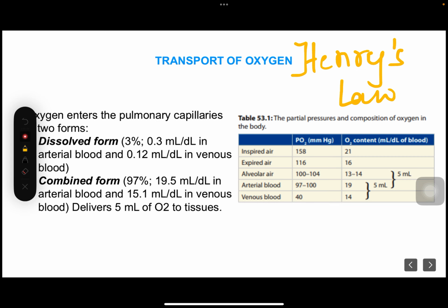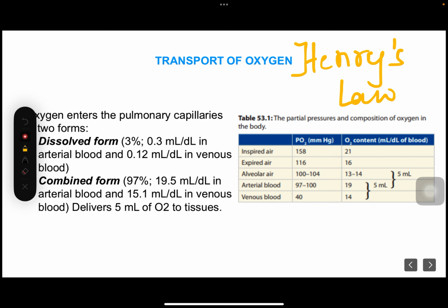So for oxygen, the oxygen concentration in the plasma is directly proportional to oxygen solubility in the plasma as well as the partial pressure of oxygen in the blood.